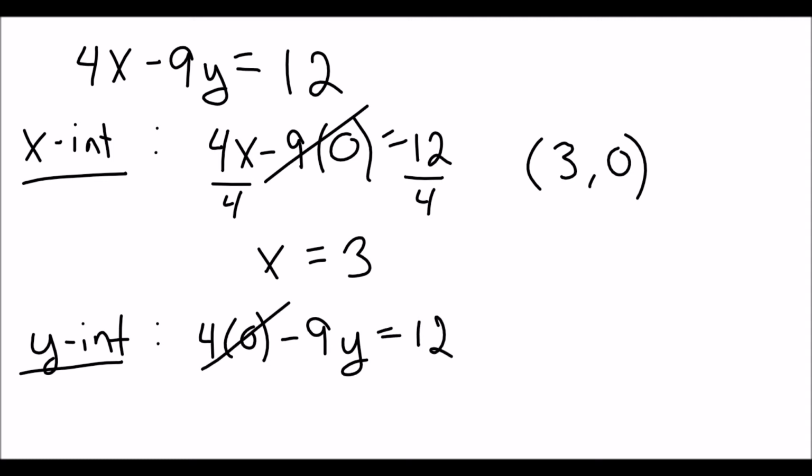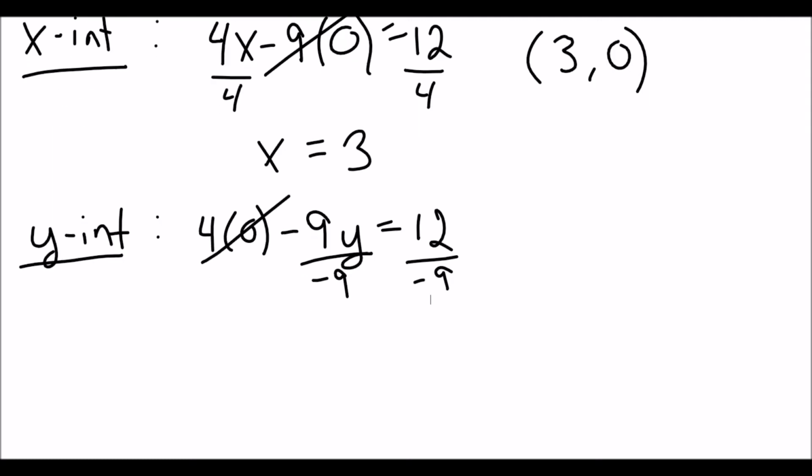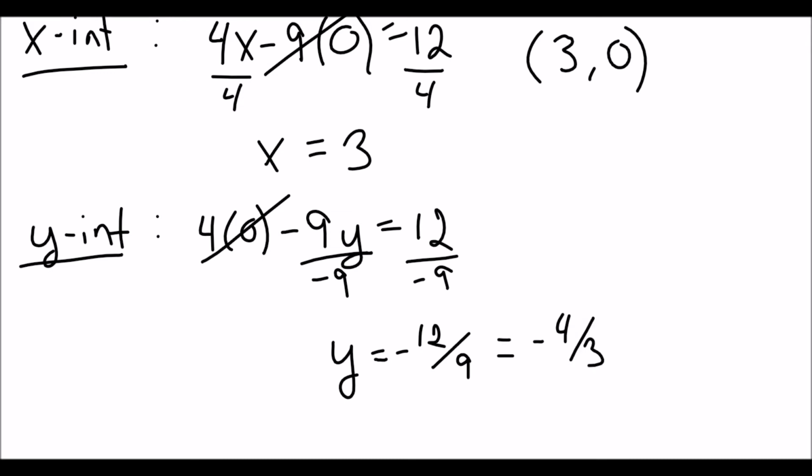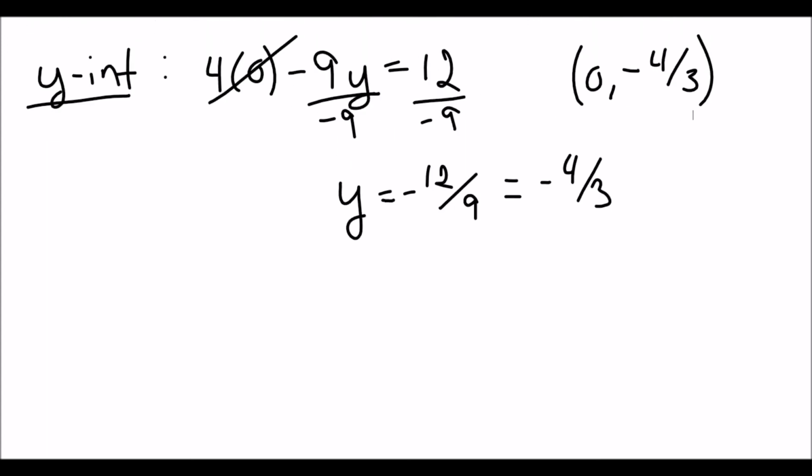So this can go away. And let's divide both sides by -9. And we get y equals -12 ninths, which reduces to -4 thirds, or -1 1/3. So from that, we know we have the ordered pair 0, -4/3.